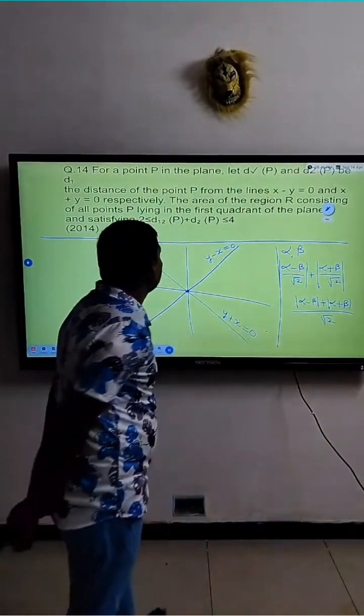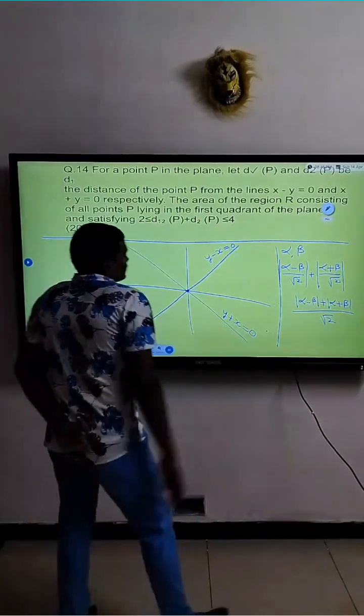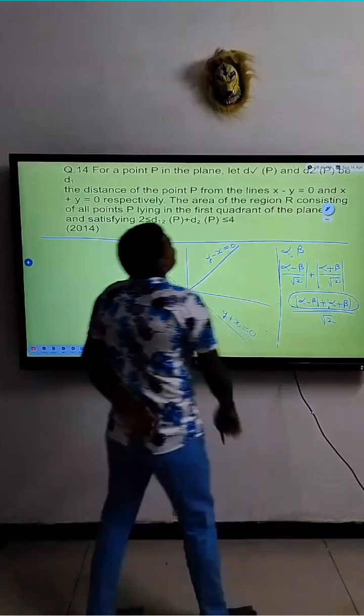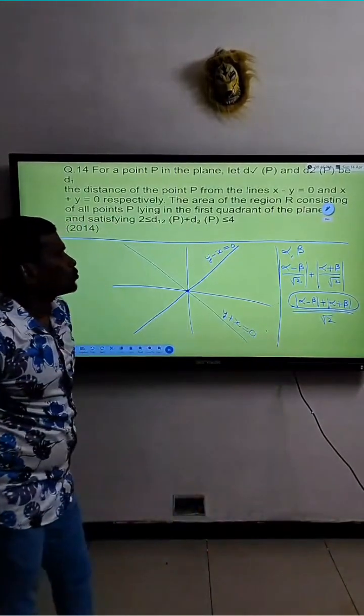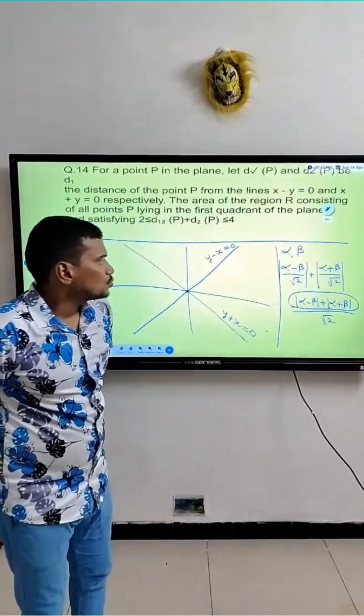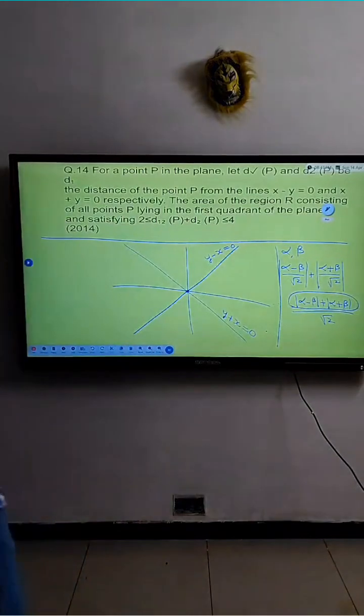This must be from 2 to 4, that is, this must be from 2 root 2 to 4 root 2, and then we have to find the area of the region.